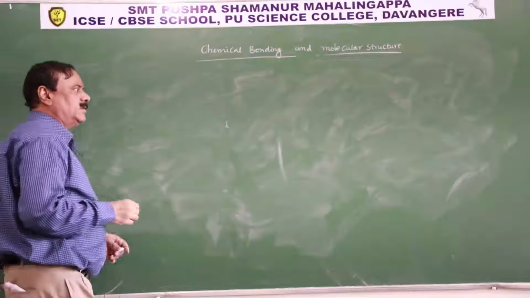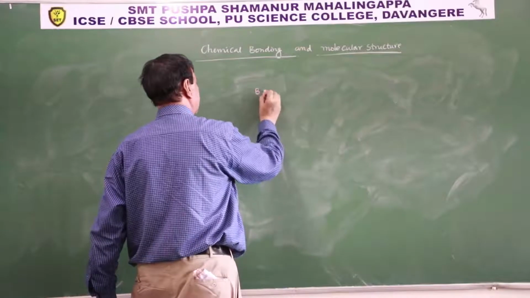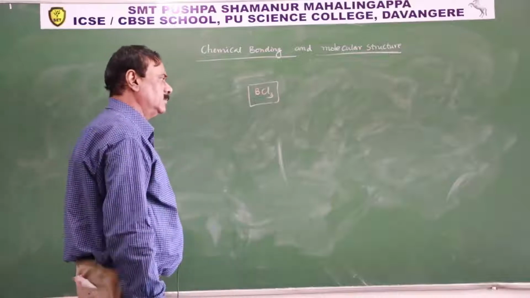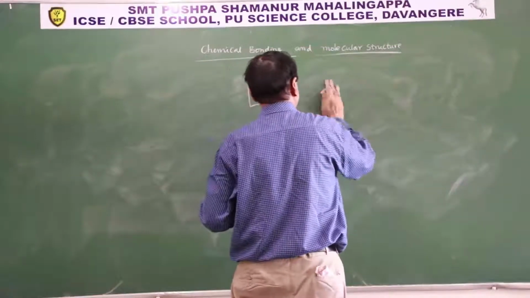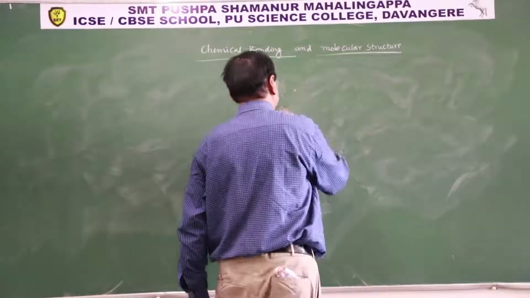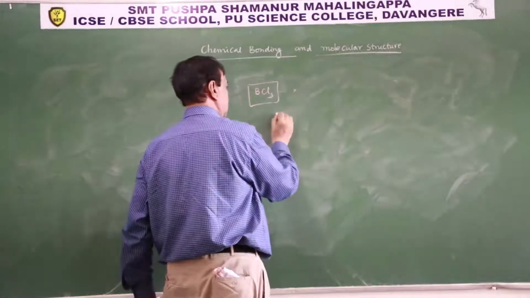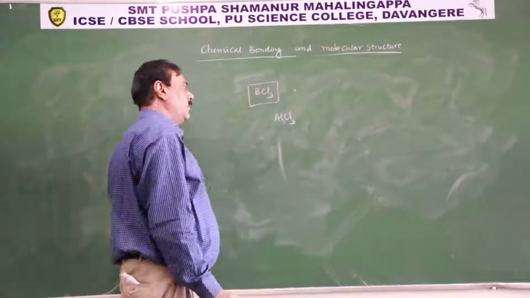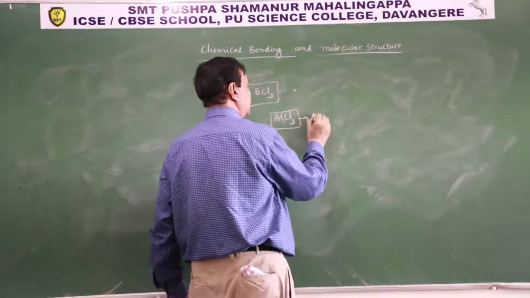But in case of boron trichloride, and boron trifluoride, aluminum trichloride, whereas in this case, they are electron deficient species.